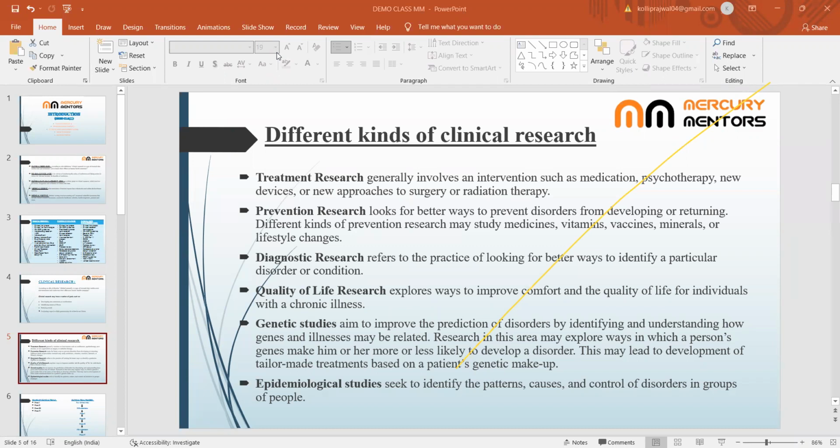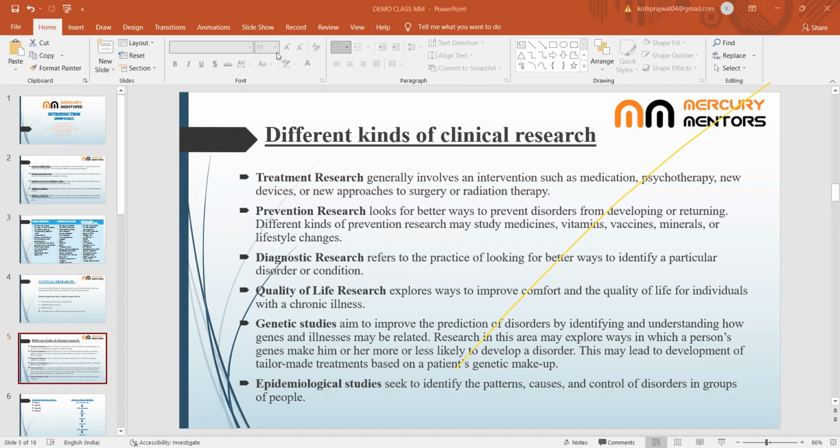There are treatments for some kinds of cancers if we diagnose them in early stages, but in advanced stages we can only improve their quality of life, we can only reduce the symptoms and signs, right? That kind of research to make the quality of life better for patients who are suffering with chronic illness is known as quality of life research.